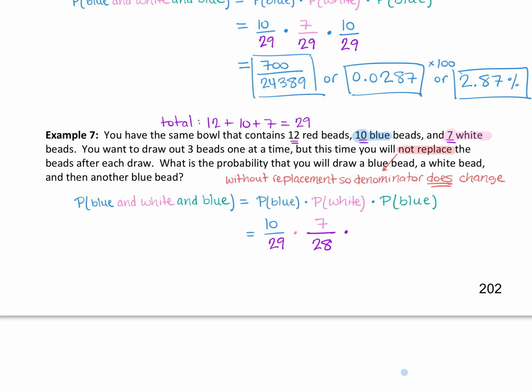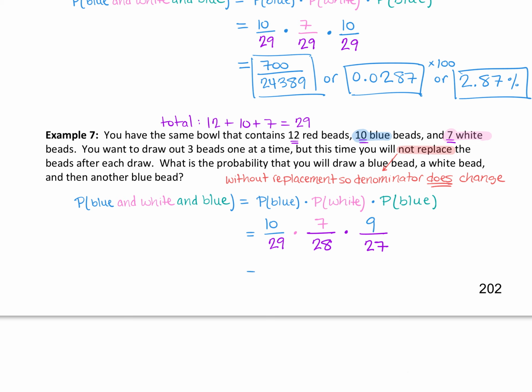And then we don't put that bead back, which means there are now 27 beads in the bowl. And again, we want a blue bead. So the first time we drew out a blue bead. So there were 10 blue beads, but we drew one of the blue beads out and we didn't put it back in the bowl. So now there's only 9 blue beads.